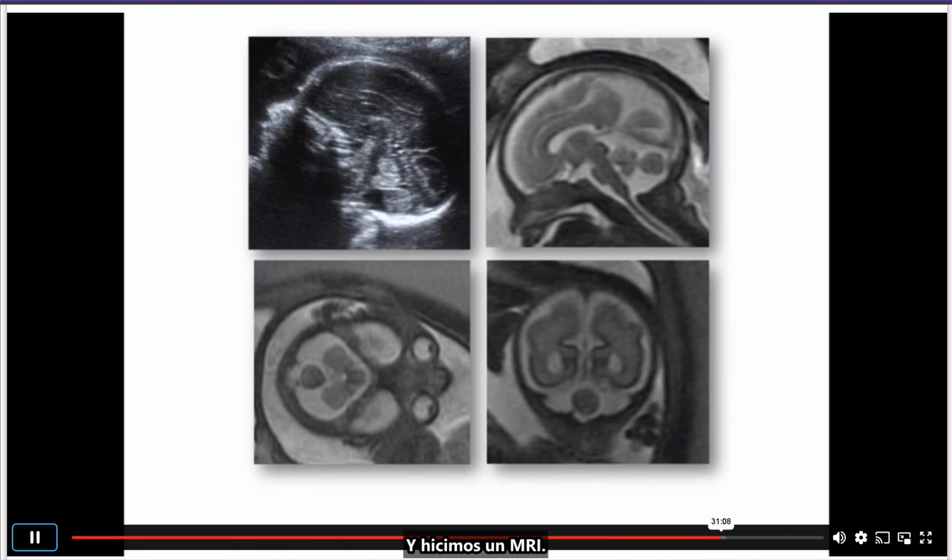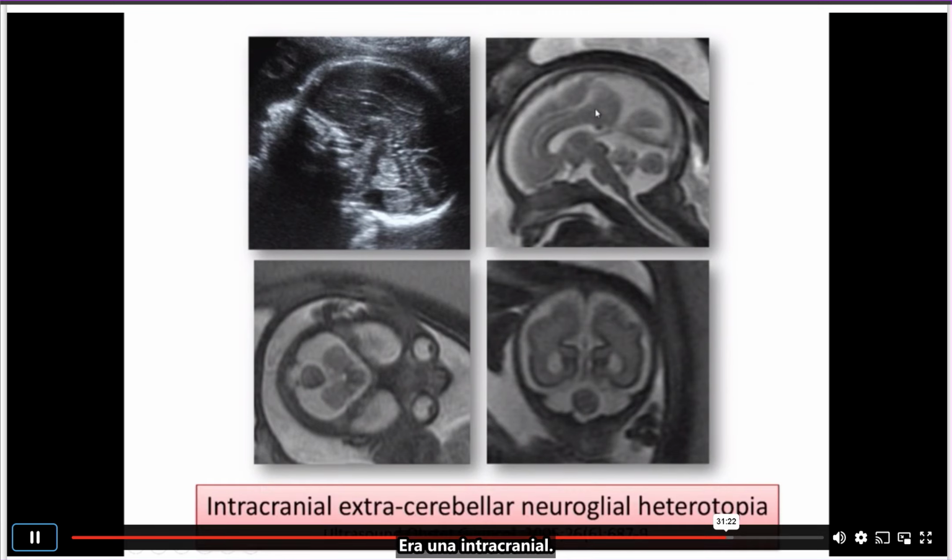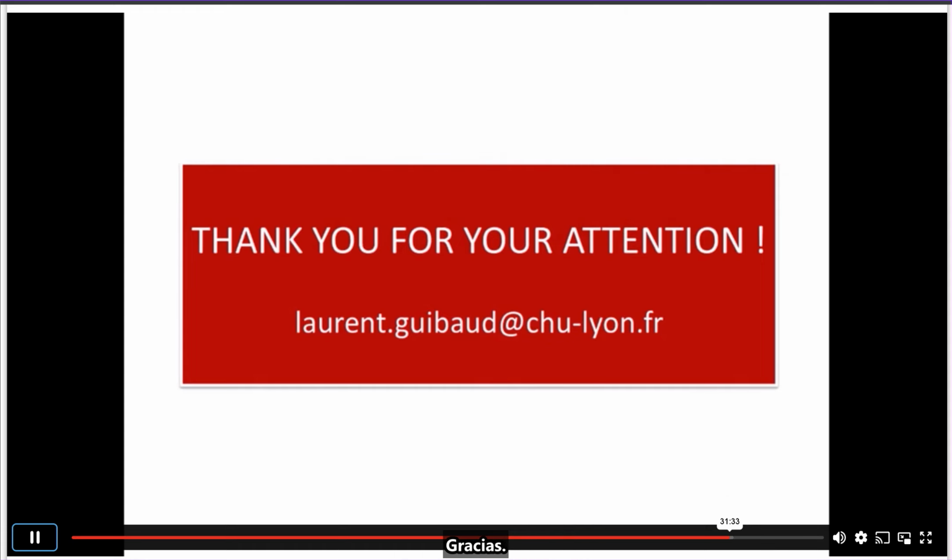And we did an MR. Look at that. This is here. And you see that the signal of this mass is very similar to the cerebral tissue. And it was an intracranial, extracerebellar, neuroglial heterotopia. It was a picture of the month 2004. And thank you for your attention.